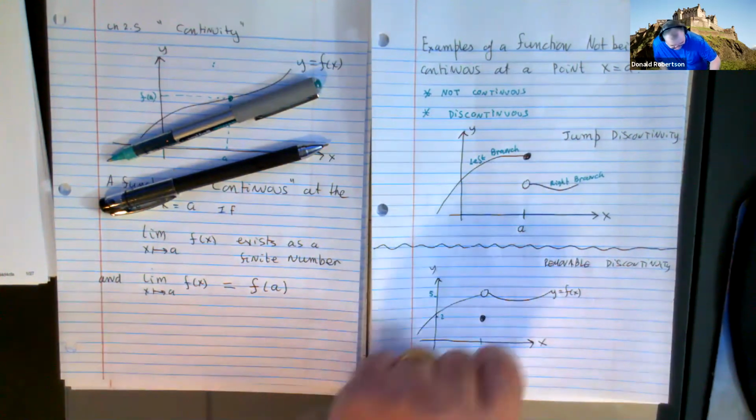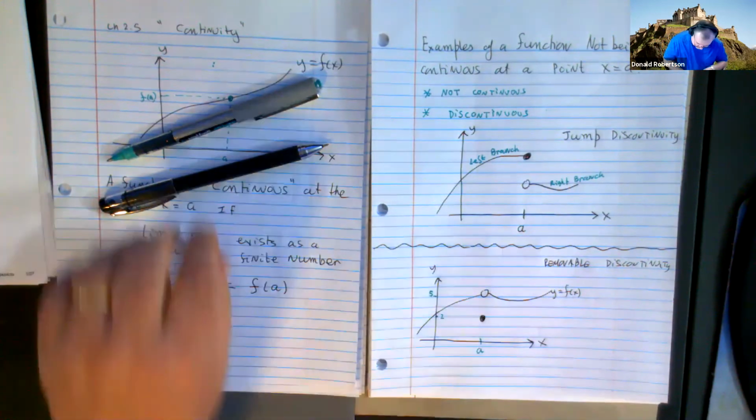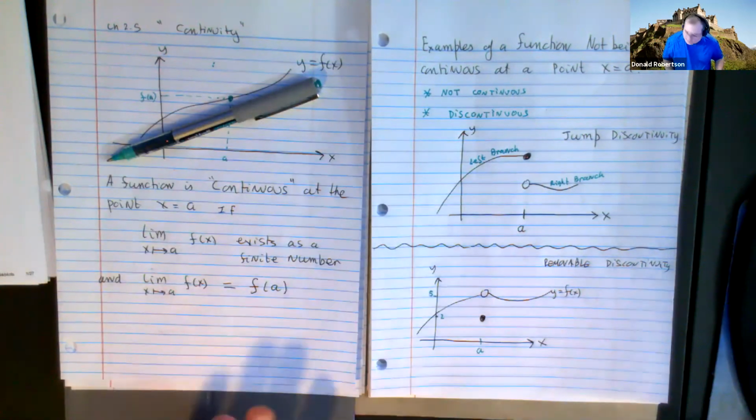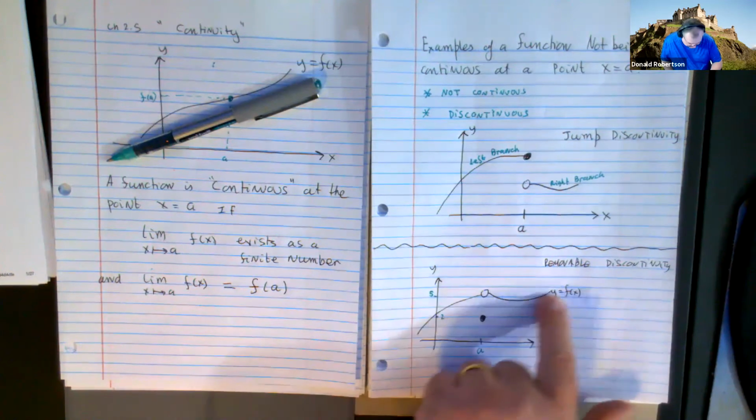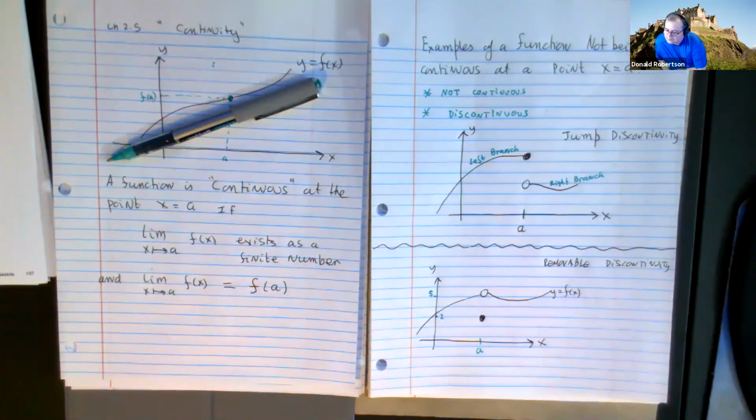So imagine I picked that up and filled in the hole, it would be continuous, but it's not. And this would be called the right branch, and this would be called the left branch. Are we good? Any questions so far?